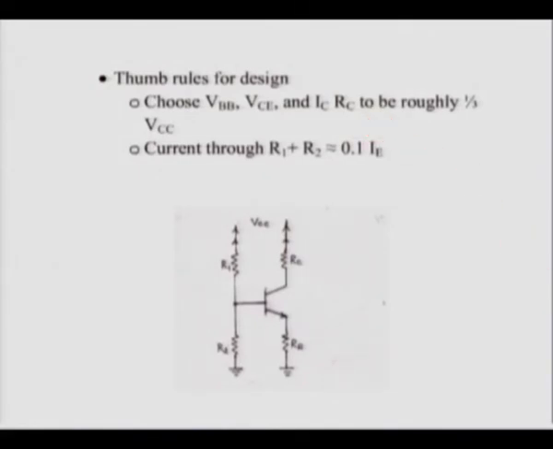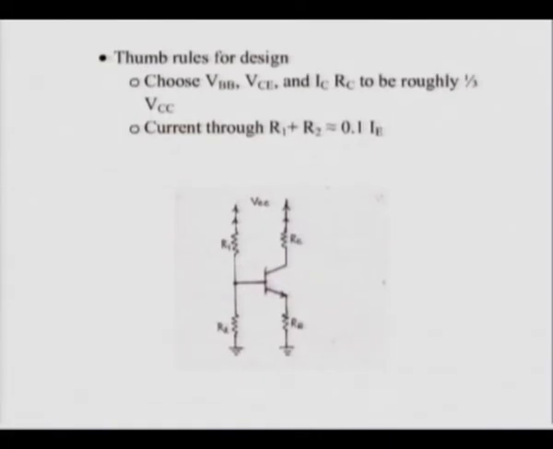So in your design example you could take care of this. To take care of the beta variations, you would make sure that the current flowing through R1 and R2 is much higher than the base current, by making sure the current through R1 plus R2 is approximately 10% of the emitter current.